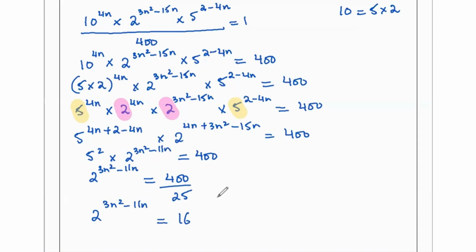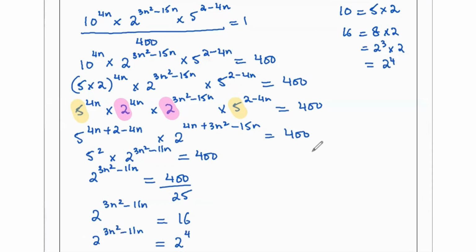Can we convert 16 into a base of 2? Yes, we can. 16 is 8 times 2. 8 is 2 cubed. So 16 is 2 to the power of 4. So 2 to the power of 3n squared minus 11n is equal to 2 to the power of 4.